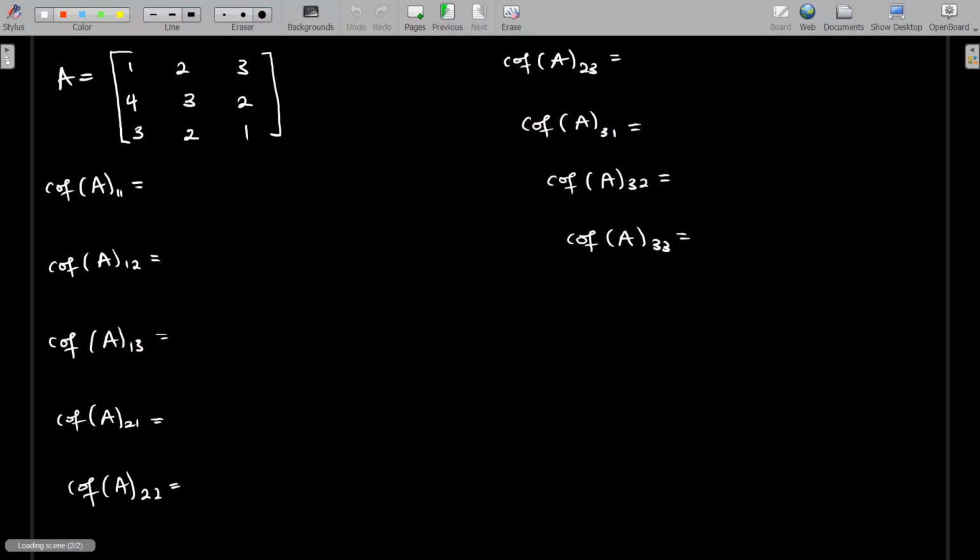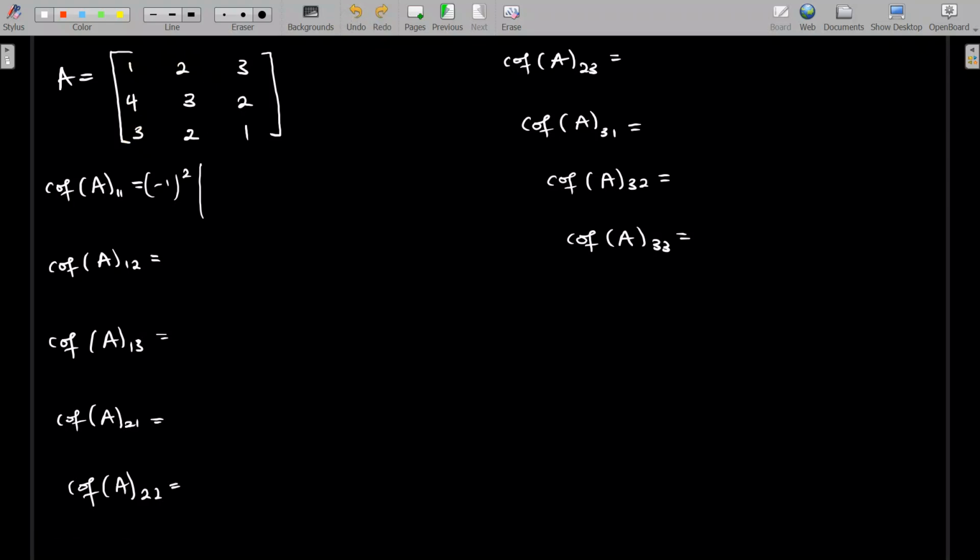Now I'm going to go to a bigger matrix, a 3 by 3 matrix, and try to find the cofactors here. The cofactor 1, 1 is (-1) to the power 2, because i is 1 and j is 1, and when I sum them I have 2. I times the determinant of this matrix: I cancel row 1, column 1, and the matrix left is 3, 2, 2, 1.